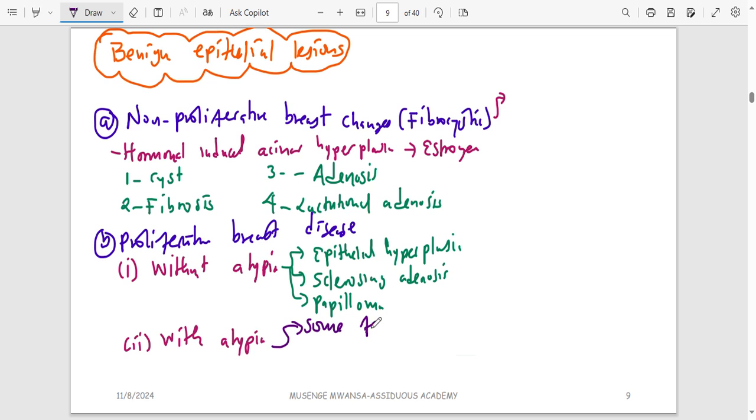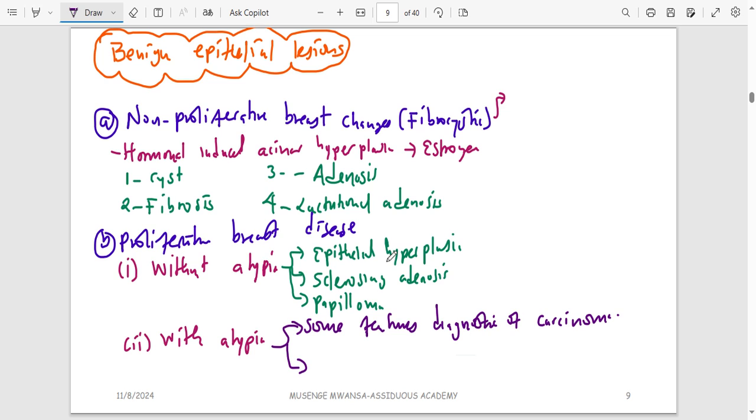So some features diagnostic of carcinoma there. So what are the examples that we can mention of proliferative breast disease with atypia? We can talk of atypical ductal hyperplasia.